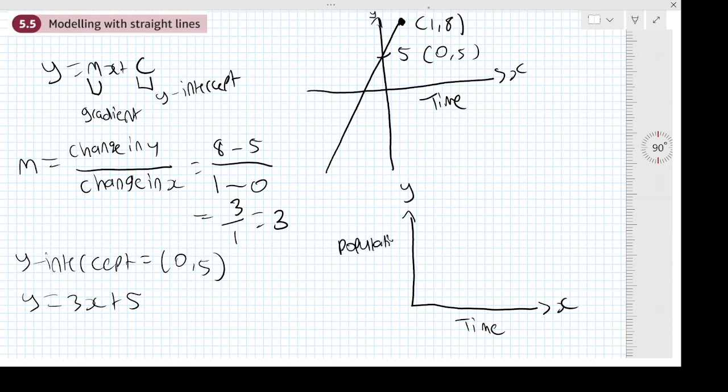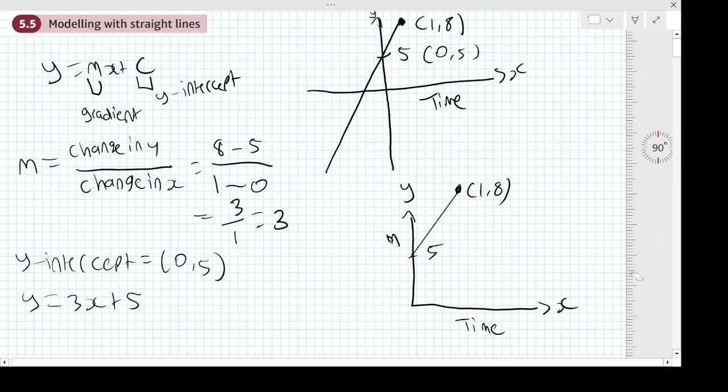I'm going to assume the same sort of line, at (1, 8) and 5, and this is the population number. Obviously the units may differ, but the idea is that we're measuring over time what happens to the population number of something. And so now we have a real life meaning.